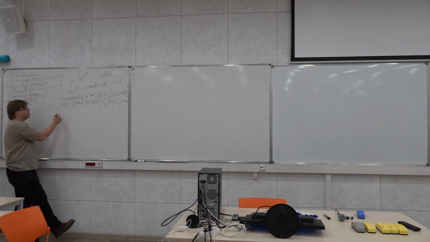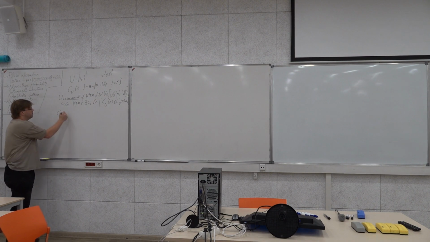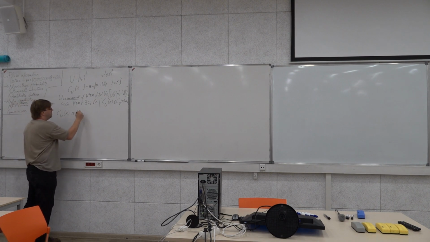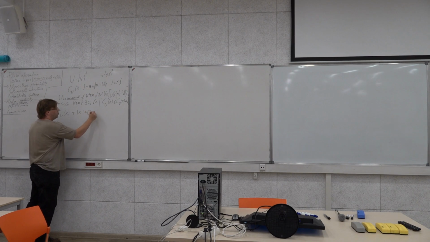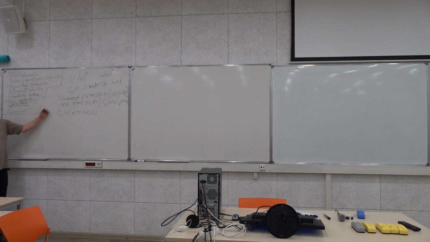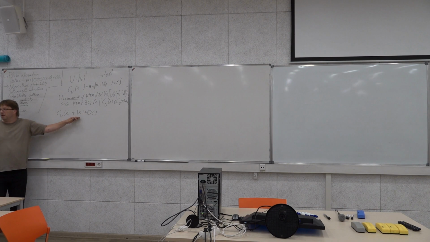Let us make some observations. If we have a universal machine, then the complexity of X is bounded by the length of X plus O(1). How can we prove this? How do we prove every inequality with Kolmogorov complexity? We consider a special machine and then use the corollary.